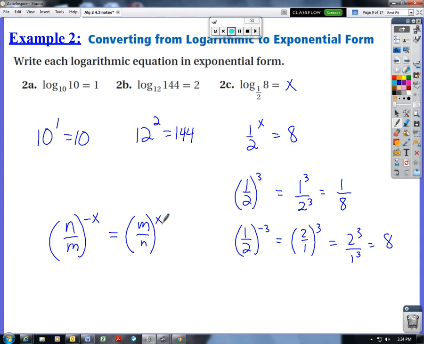It saves you a lot of time, because doing it the long way, you'd have to write 1 over 1/2 to the positive 3, and that takes a lot more time and work. Then you'd have to do 1 over 1/2 cubed is 1/8, and then multiply top and bottom by the reciprocal, and that would cancel, and you would get 8 finally after all that work.